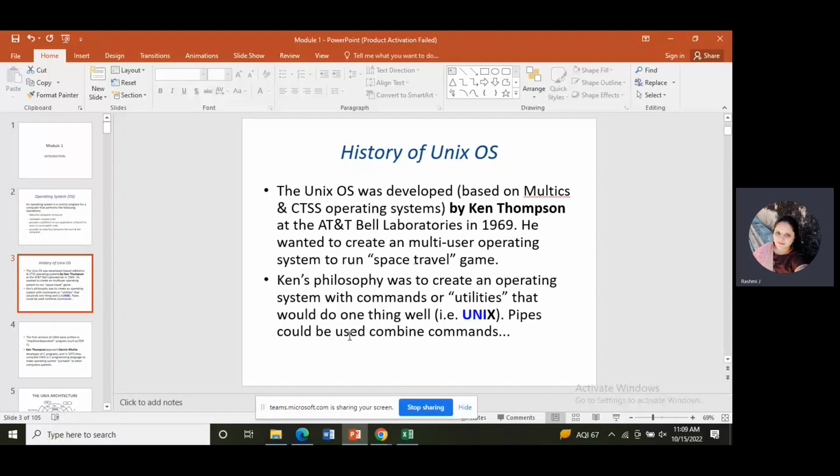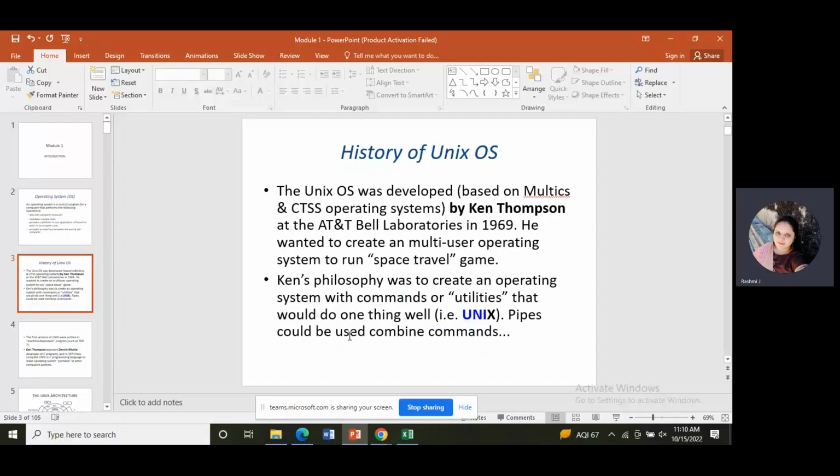Next we'll go to Unix. Among its features, Unix is a multi-user and multi-programming operating system.